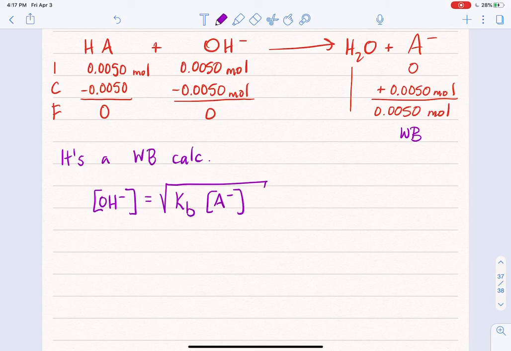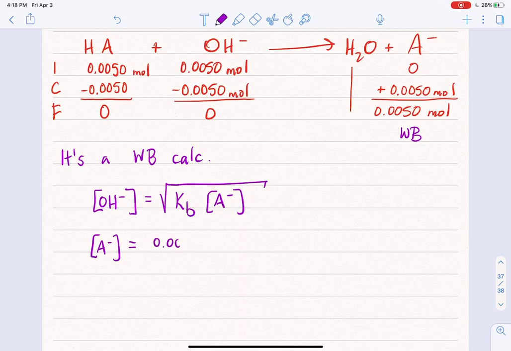This is definitely a safe assumption because the Kb is going to be very, very small, and as long as 100 times Kb is less than that initial concentration, this is a safe assumption. So let's calculate both of those, the concentration of the weak base. We know that we have this many moles of it, so I'm going to take that as the numerator and then put that over the total volume.